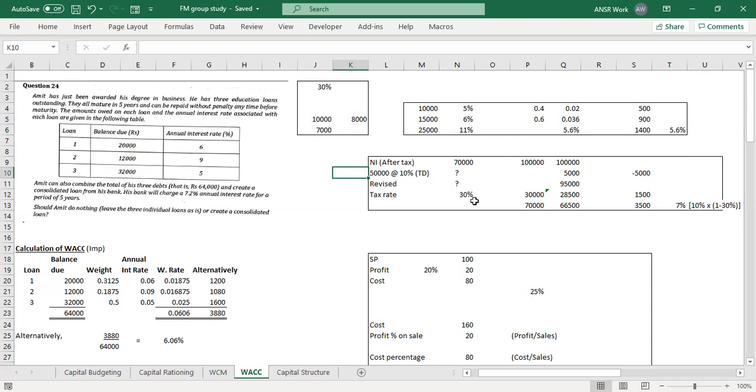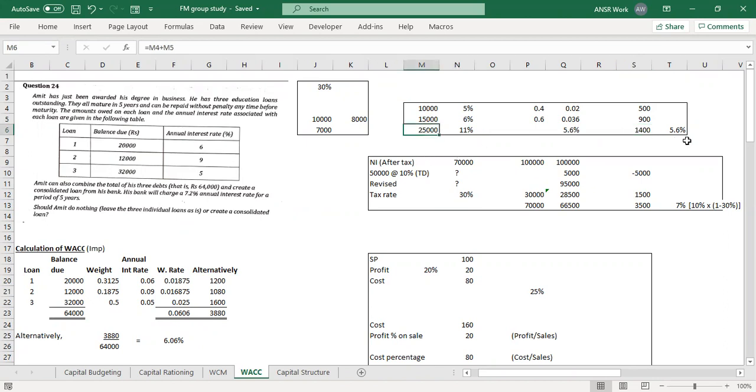Okay. I'll just quickly go through one derivation that I made about the WACC. If you remember the first example that we did, we had 10,000 and 15,000 at 5% and 6% loans, and we calculated the interest 500 and 900. We added those two totaling 1,400, and the total debt came to 25,000.